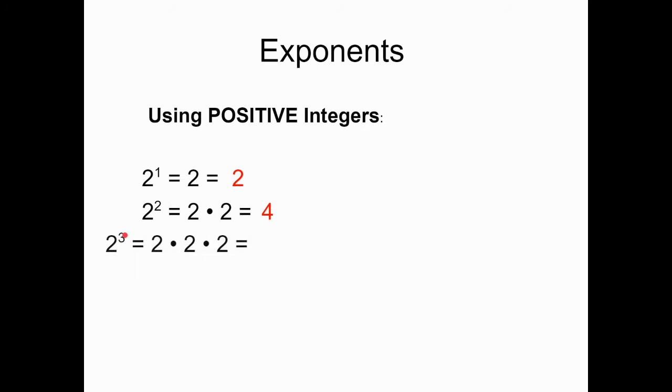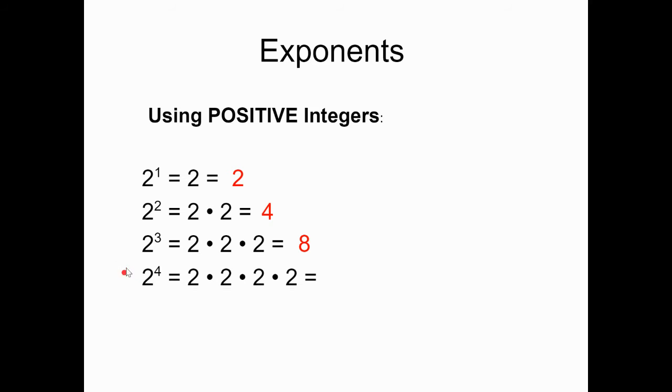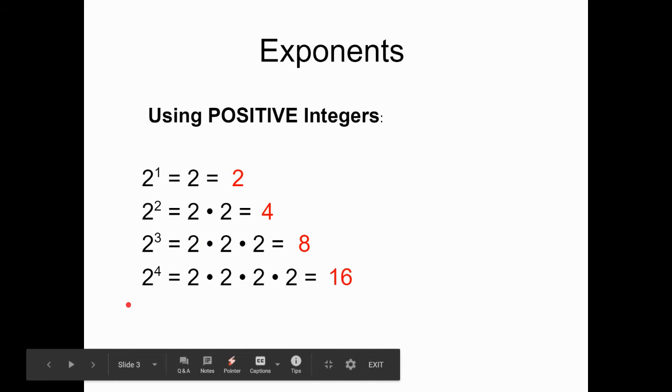And 2 to the power of 3 means you're going to multiply 2 times itself 3 times, which is equal to 8. And then 2 to the power of 4 means 2 times itself 4 times, which is 16. And then 2 to the power of 5 is 2 times itself 5 times, which is equal to 32.